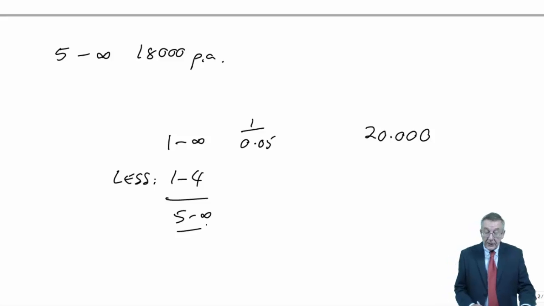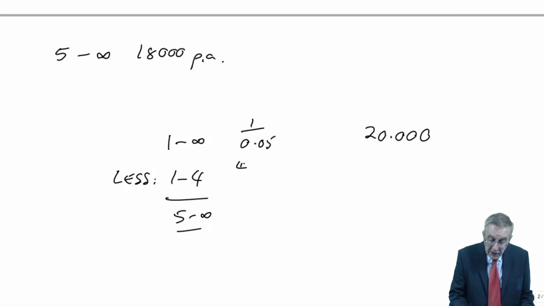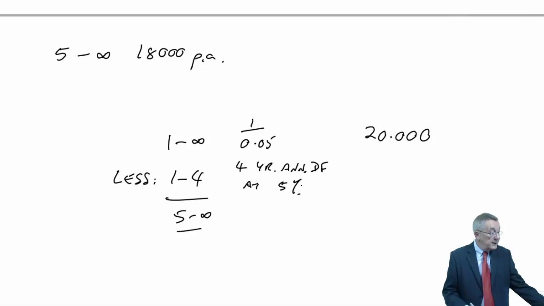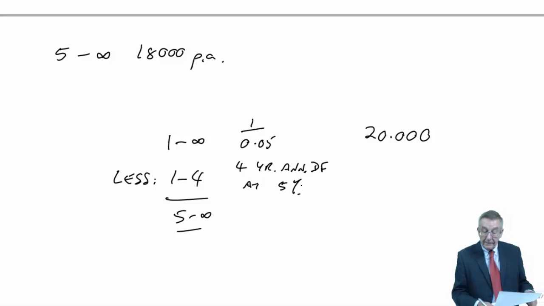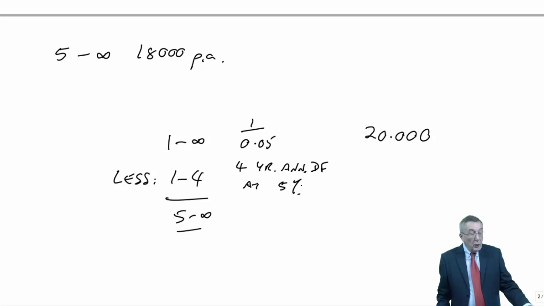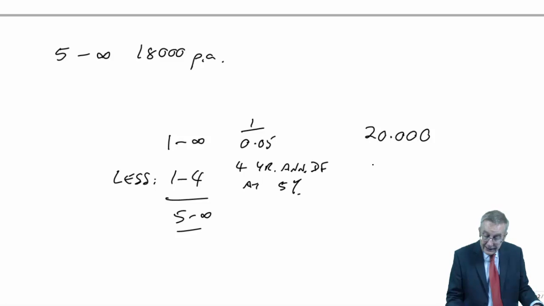And how can I get the total for years 1 to 4? Surely that is a 4-year annuity discount factor at, in this case, 5%. So if I get my annuity tables, here we are. 4-year annuity, the 5% column is 3.546.